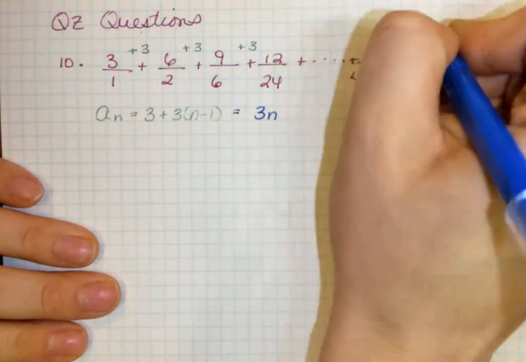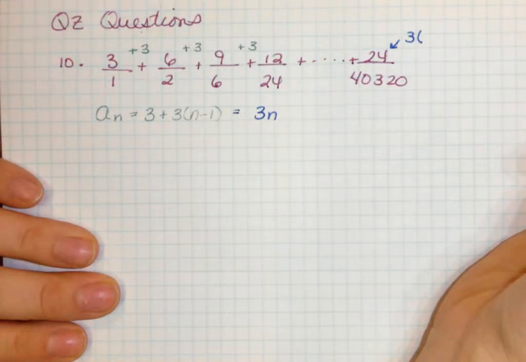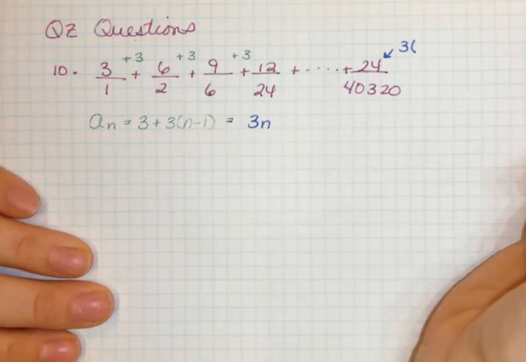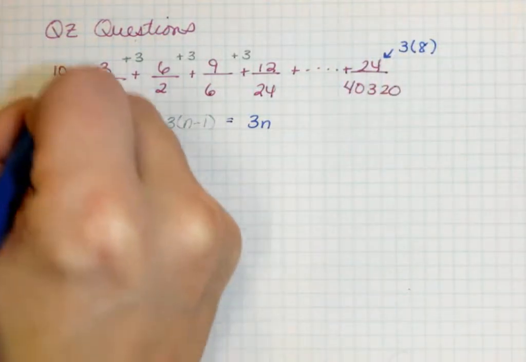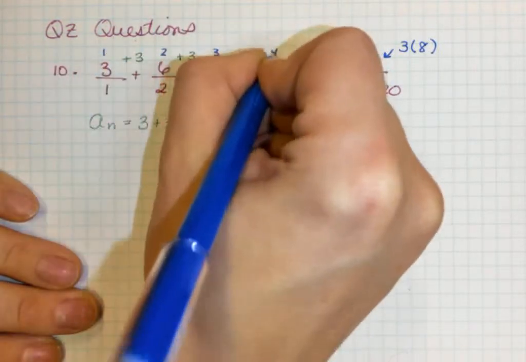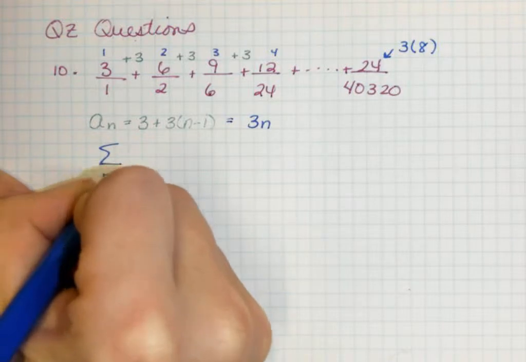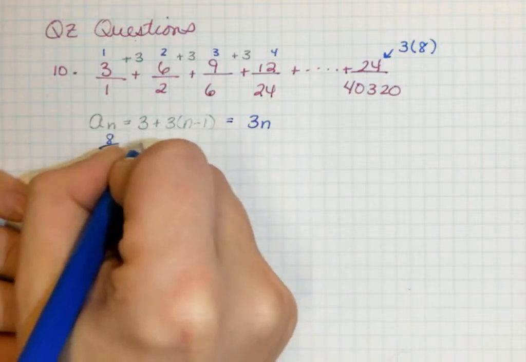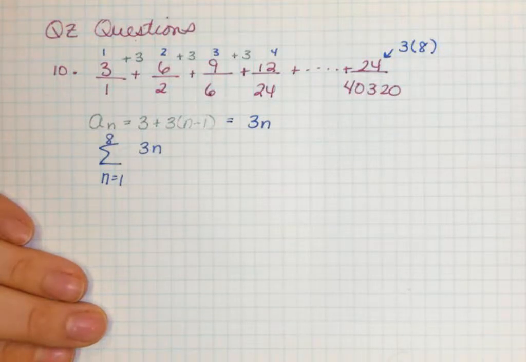And then 3 times what gives me 24? 8. So if I think about this from the top, if this is my first term, second, third, fourth, I would be looking at the sum from 1 to 8 of 3n. That's just the top, though. That's not the whole thing.